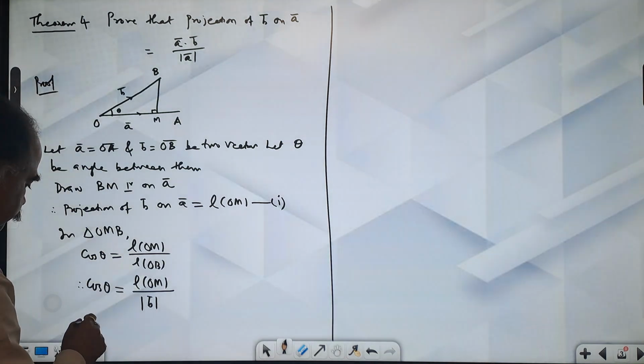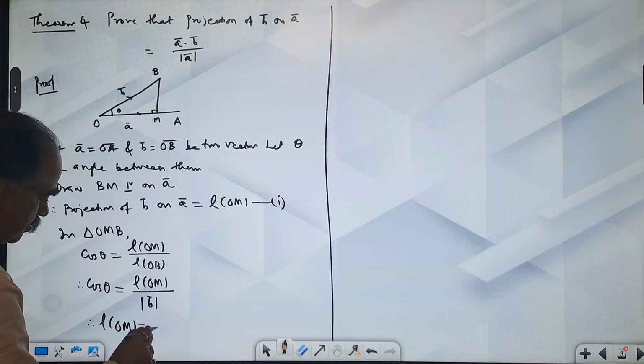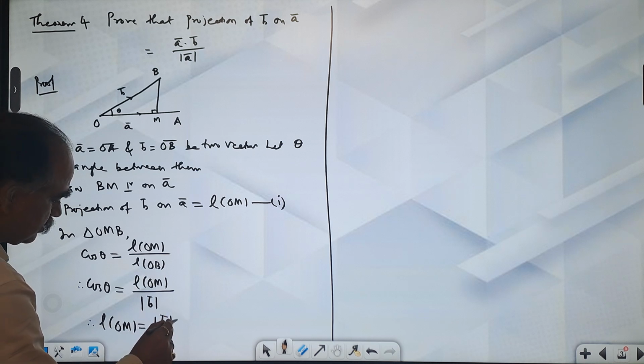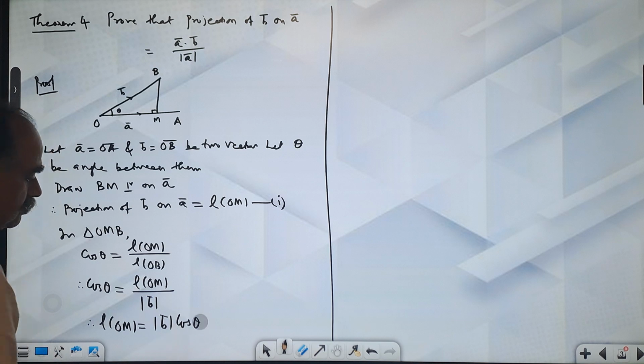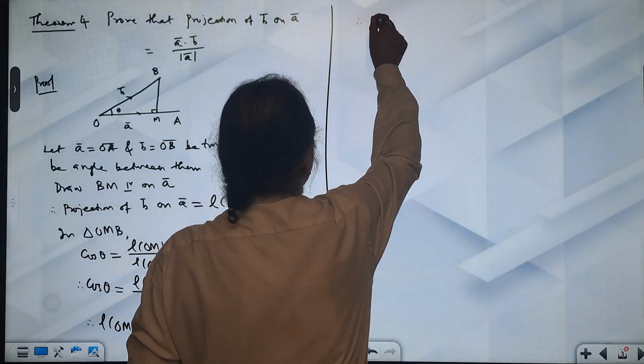Cross multiply. So length OM is what? Mod B bar cos theta. So length OM is what?